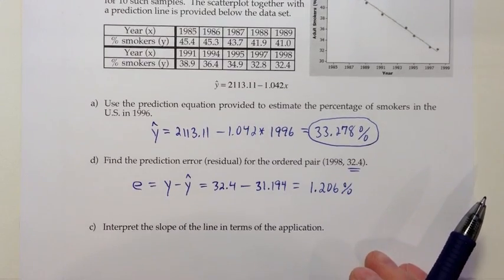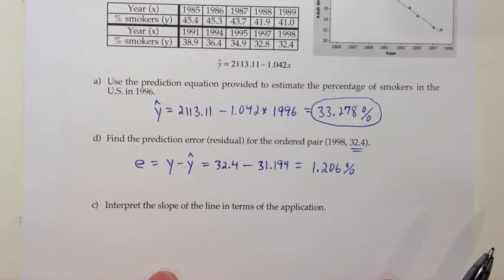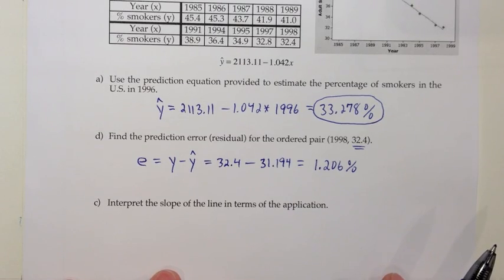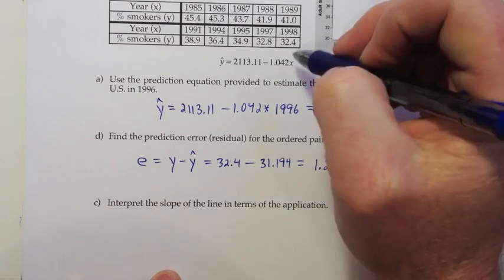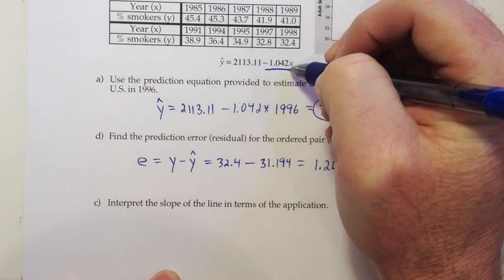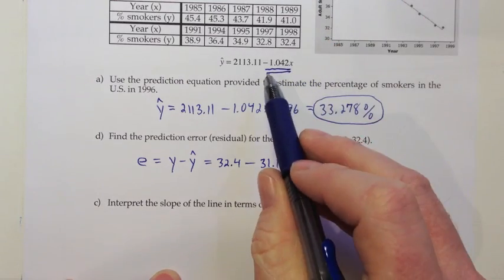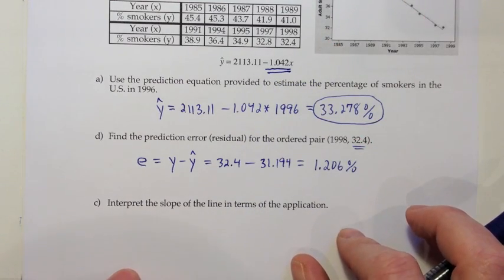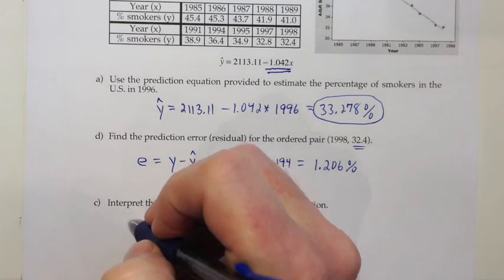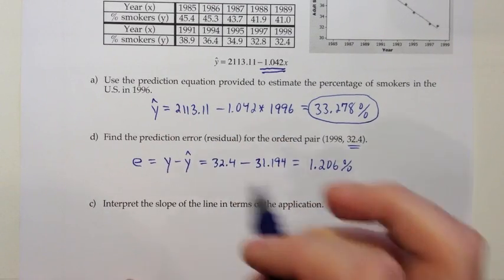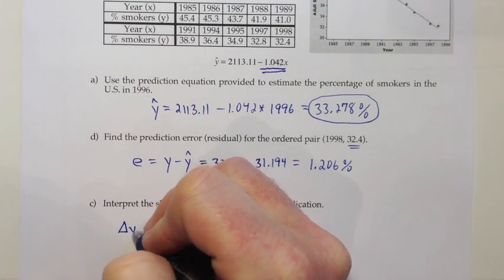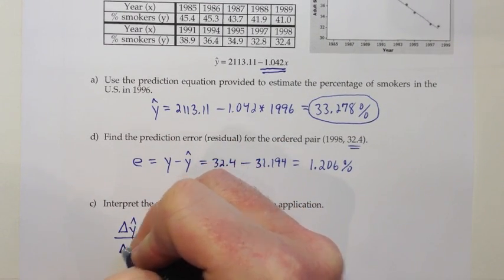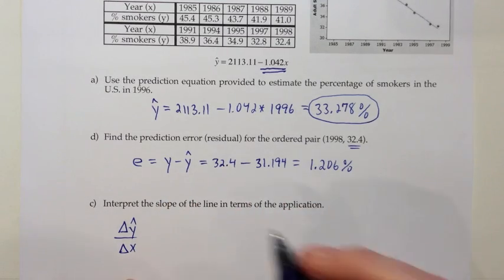And then finally, interpret the slope of the line in terms of the application. So first of all, we want to pick out the slope. The slope is going to be our coefficient of x, including the sign, and so that would be negative 1.042, and that would be the change in y hat over change in x, change in output over change in input.